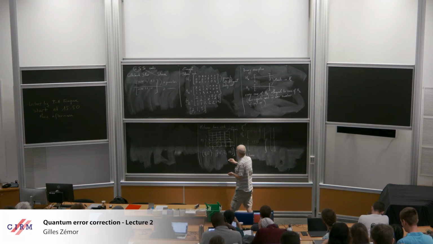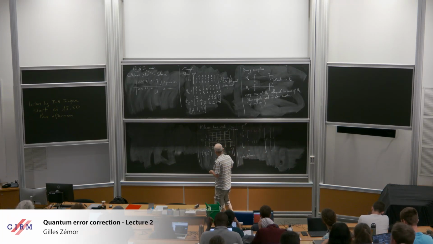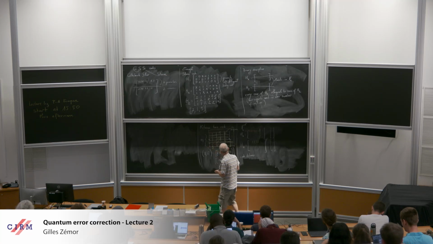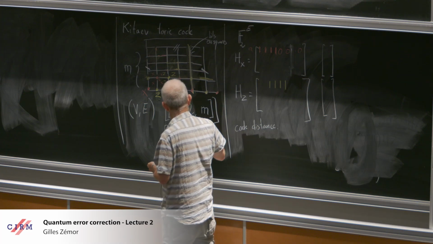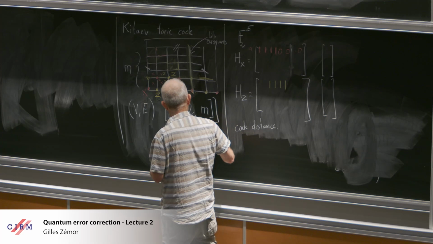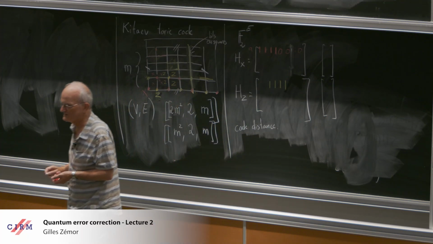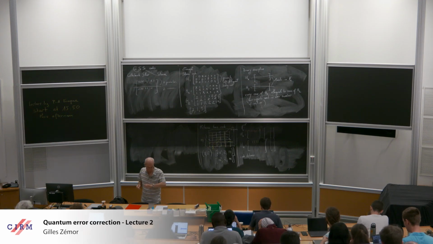And now you get parameters which look like this: m squared, 2m. So minimum distance, which is exactly the square root of the length.